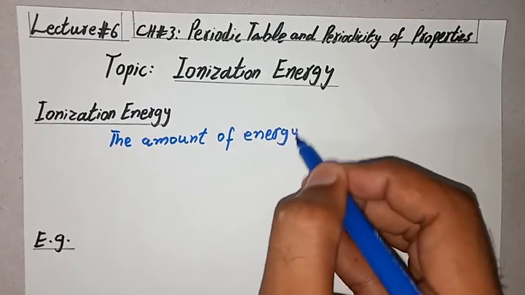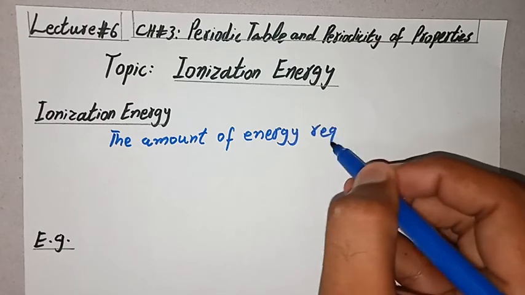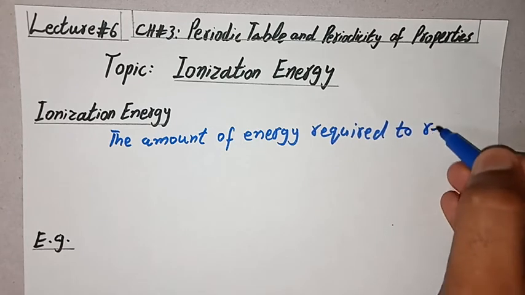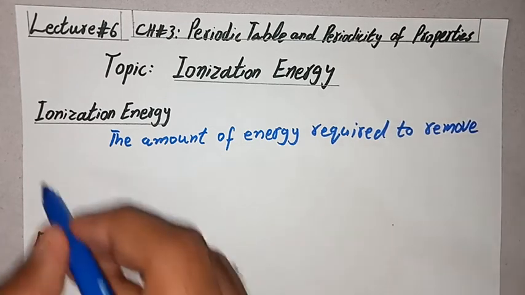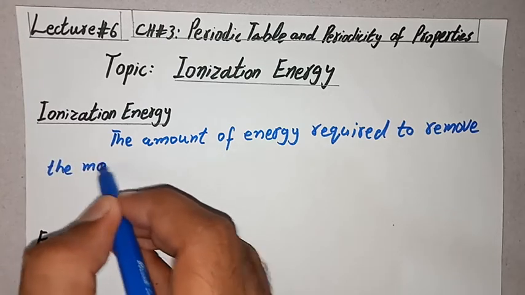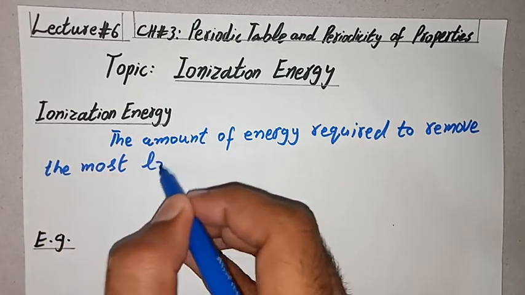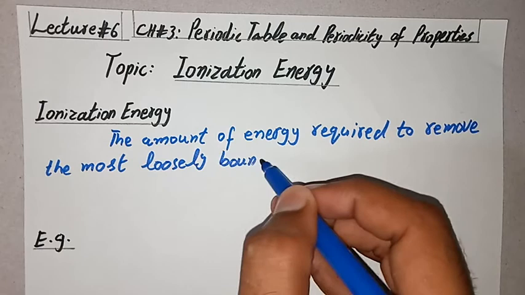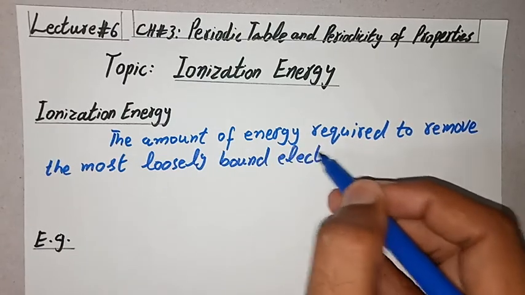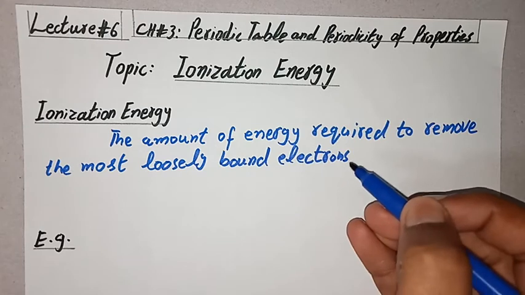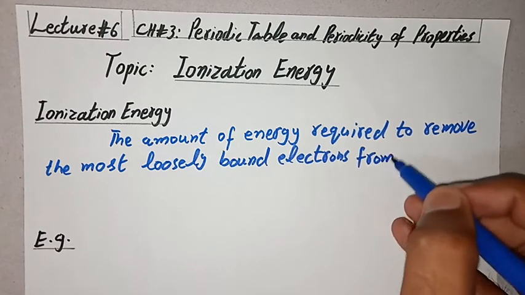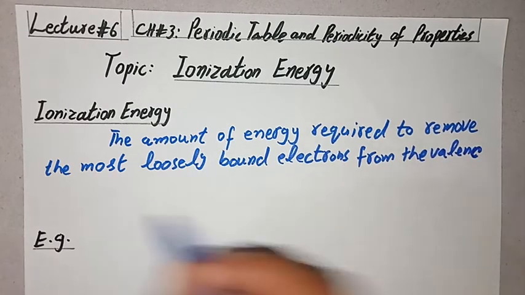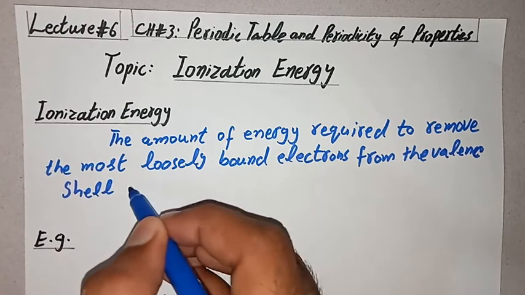So the amount of energy required to remove the most loosely bound electrons from the valence shell of a gaseous atom.